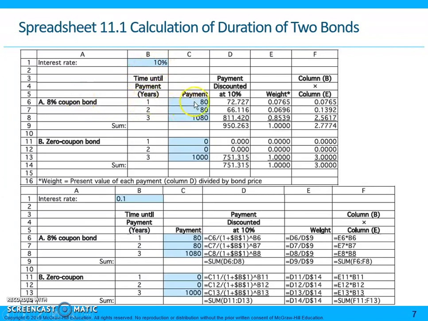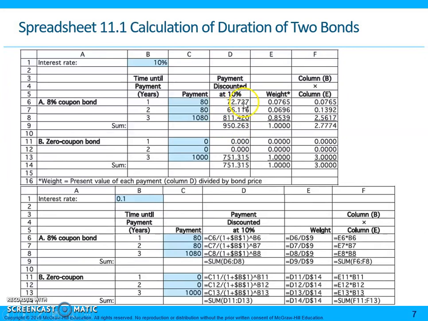So this is 80 divided by 1.1. The second payment is 80 divided by 1.1 squared. And then we have the return of the principal, so we get $1,080. Divide that by 1.1 cubed, and we get $811.42. Add those up, and we get the price of the bond.